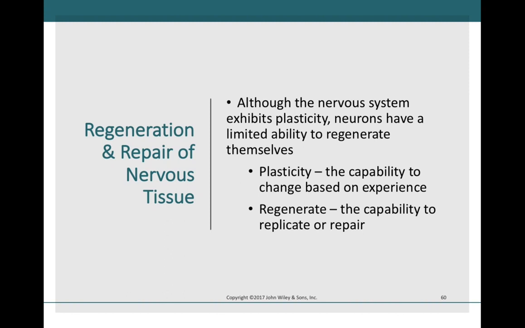However, while our neuronal characteristic of regenerate ability is very limited, our neurons' characteristic of plasticity is shown very strongly by our neurons. Neurons exhibit this characteristic of plasticity, which means that they are able to produce new projections and form new connections with other neurons. So this characteristic is vital when we want to learn something new.